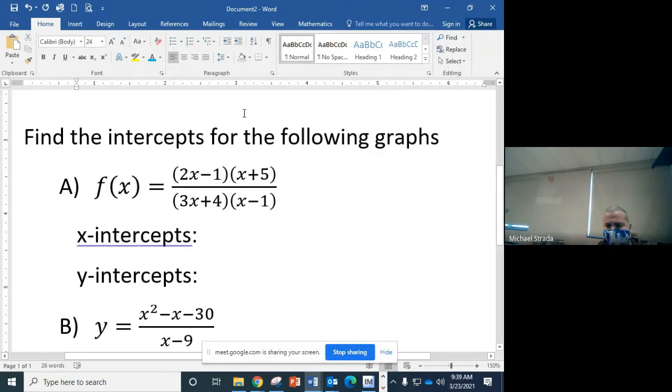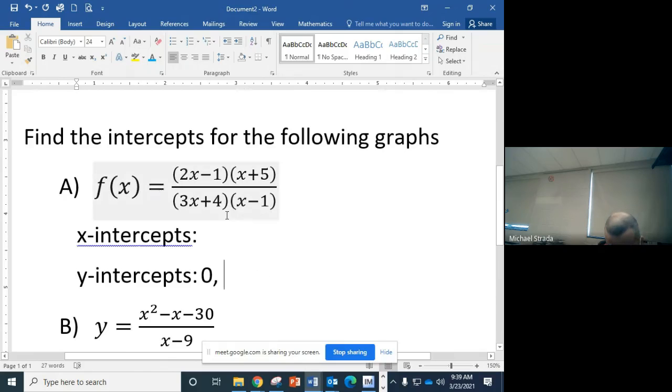All right, so when I plug that in here, 2 times 0 is 0. 0 minus 1 is negative 1. 0 plus 5 is 5. Negative 1 times 5 is negative 5. All right, 0 times 3 is 0, plus 4 is 4. 0 minus 1 is negative 1.